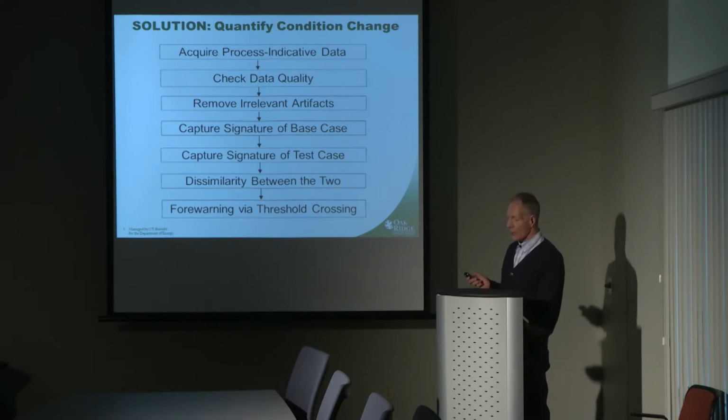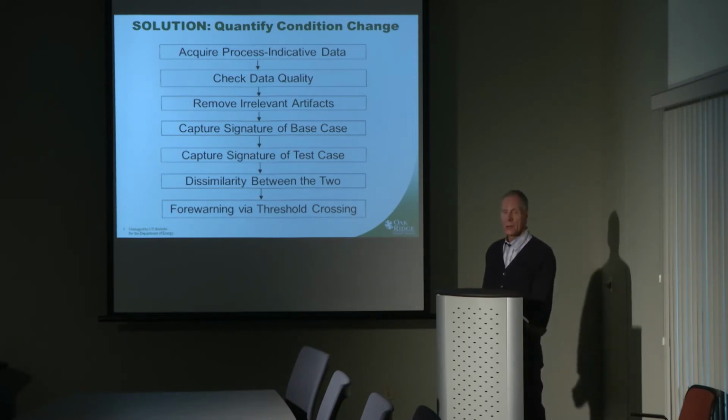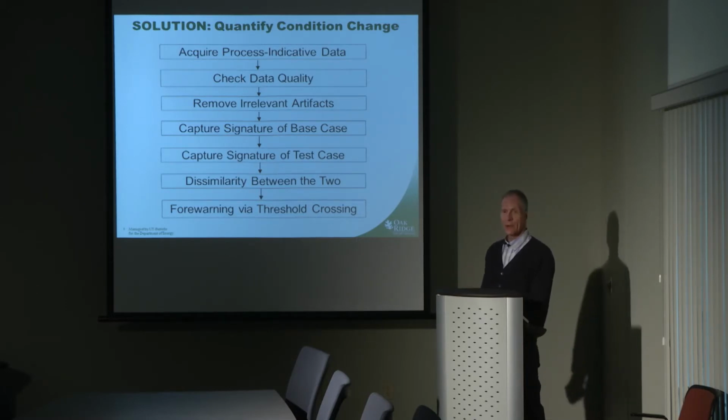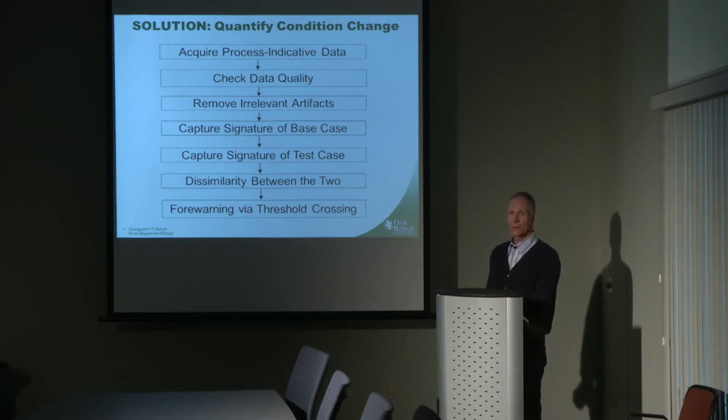We do a data quality check that avoids the garbage in, garbage out syndrome. We remove irrelevant artifacts. So in the case of brainwaves, that's an eye blink. Every time you blink your eye, the brainwaves are superimposed on that eye blink. In the case of electrical data, that would be the sinusoid in the data.